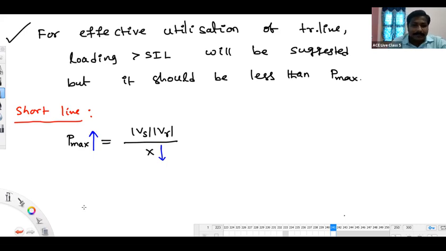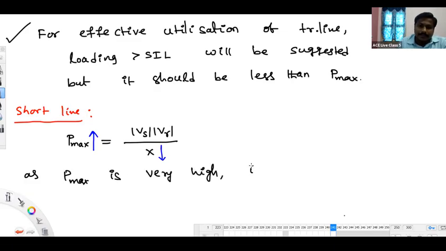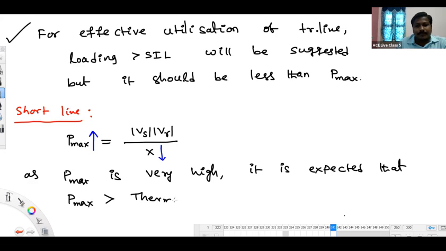I will write the statement. Kindly observe here. As Pmax is very high, it is expected that Pmax, the so-called steady state stability limit, will be greater than the thermal limit of the conductor.